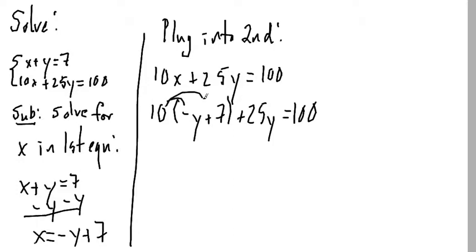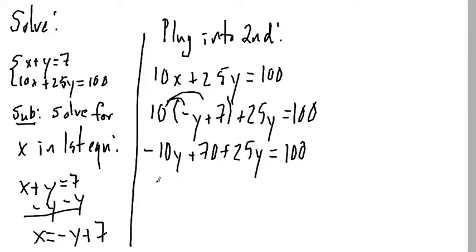I distribute the 10, which gives me negative 10y plus 70 plus 25y is equal to 100. Negative 10 plus 25 gives me 15y plus 70 is equal to 100.